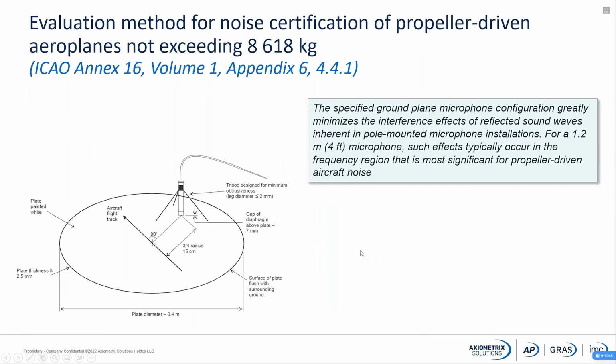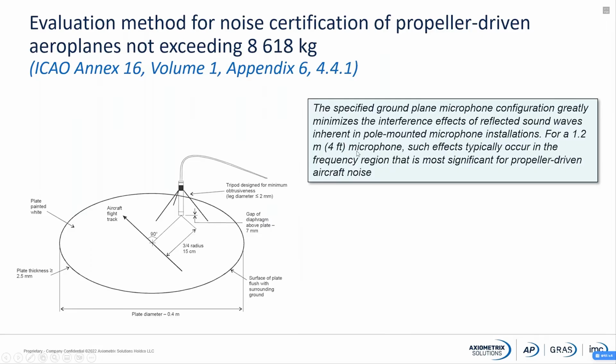And even ICAO or Federal Aviation, they recognized that when they were writing the standard, because they write: the specified ground plane microphone configuration is greatly minimizing the interference effect of reflected sound waves inherent in pole-mounted microphone installation.